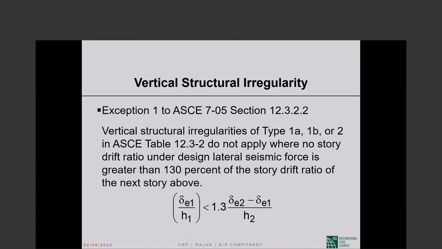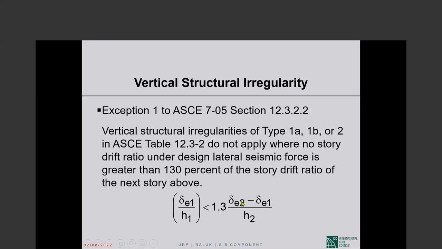Now, the exception that I mentioned: vertical structural irregularities 1A, 1B, 2 do not apply when no story drift ratio under design lateral seismic force is greater than 130% of that of the story above. What it means is that delta sub E1 over H1, where delta sub E is the elastically computed deflection at floor level 1 divided by the height to floor level 1, is less than 130% of the interstory drift of the story above.